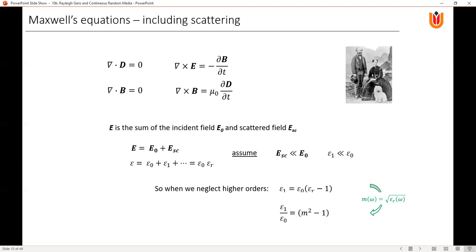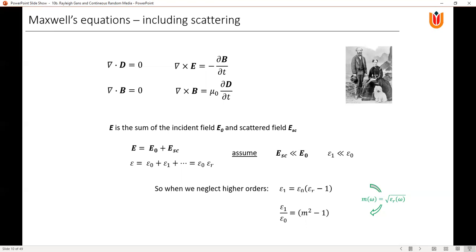That also means that the assumption is that epsilon 1 is much less than epsilon 0. That allows us to make an expansion for epsilon as epsilon 0 plus epsilon 1, etc., different terms, and then factor out the vacuum value, epsilon 0.